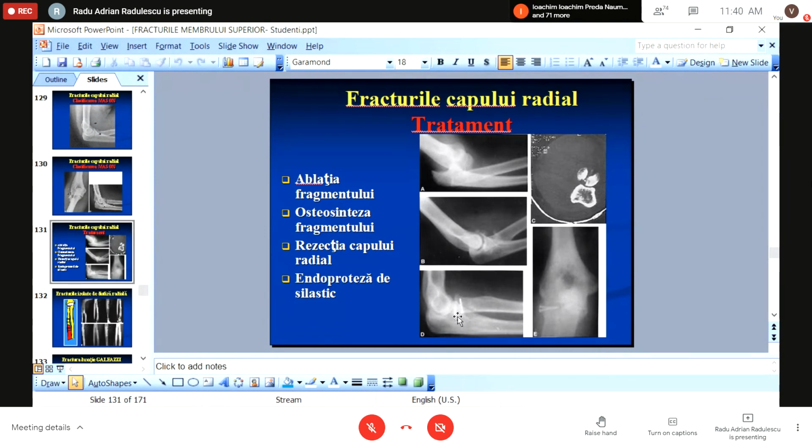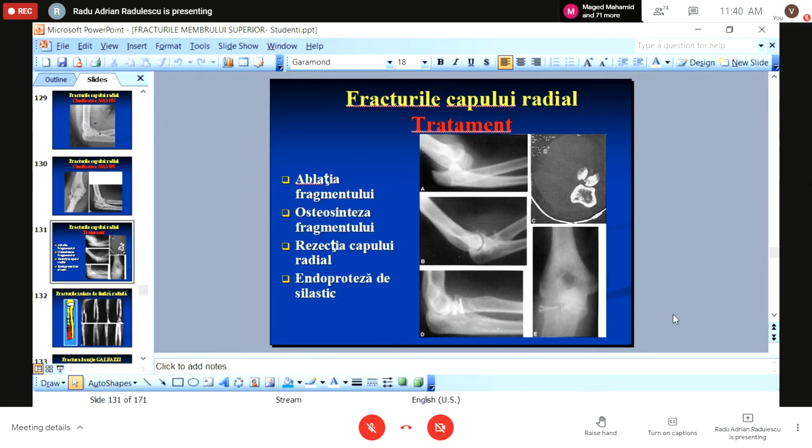There are special instruments and special implants for such small fractures. They are called mini osteosynthesis, and they are able to fix the small fragments in place after a previous reduction.